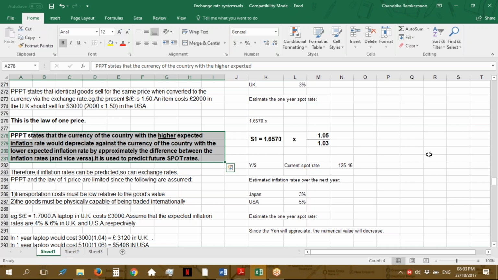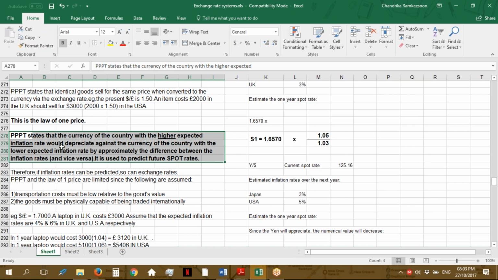You're told here that PPPT states that the currency of the country with the higher expected inflation rate would depreciate, meaning would weaken, against the currency of the country with the lower expected inflation rate by approximately the difference between the inflation rates, and vice versa. Meaning then that the currency of the country with the lower expected rate will strengthen or appreciate. That's what I mean by the vice versa. It is used to predict future spot rates.